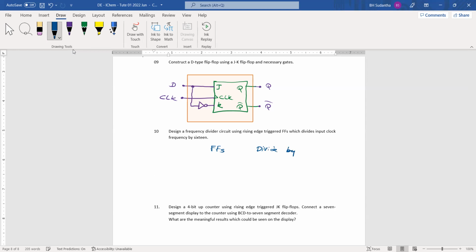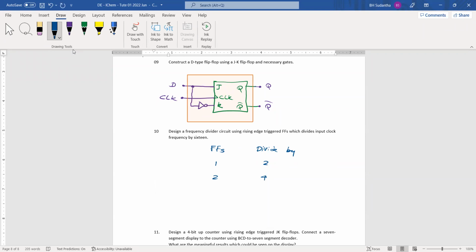Divide by, if you have the first flip-flop, this is divide by 2. 2 flip-flops, divide by 4. If it is 3, divide by 8. If it is 4, divide by 16.